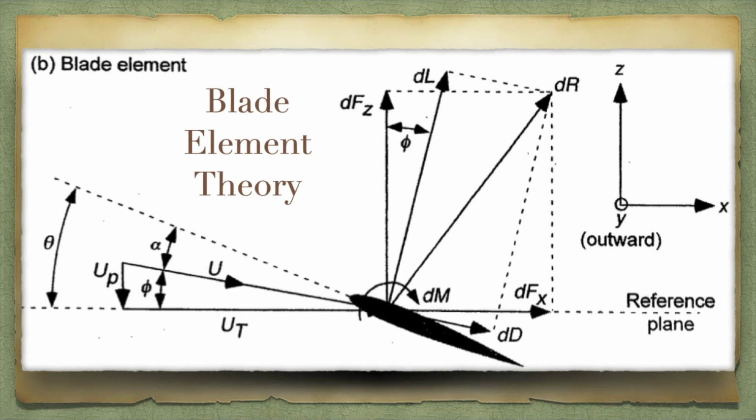The inflow angle of attack phi arises primarily because of the velocity induced by the rotor and its wake. Therefore, the induced velocity serves to modify the direction of the relative flow velocity vector and so alters the angle of attack at each blade element from its 2D value.